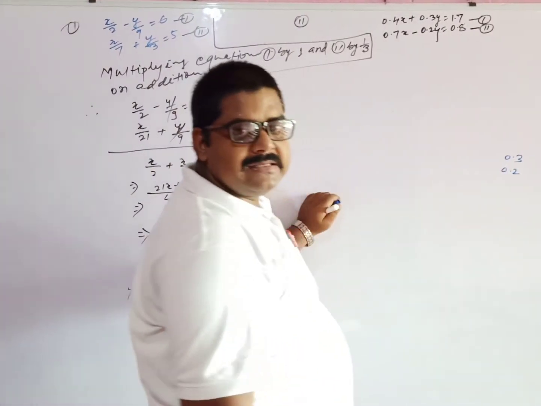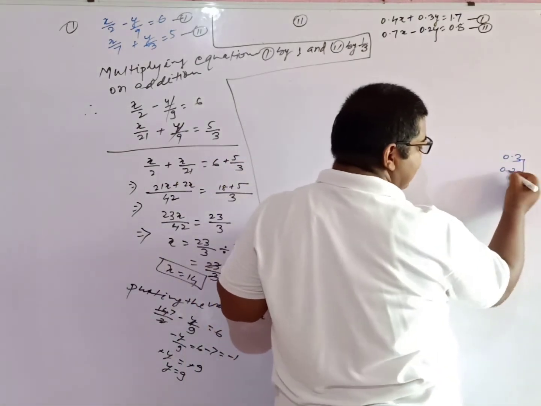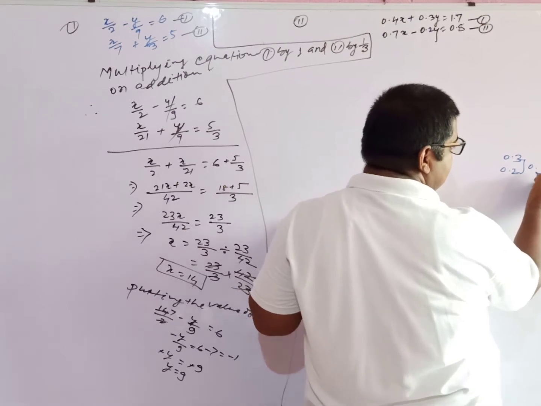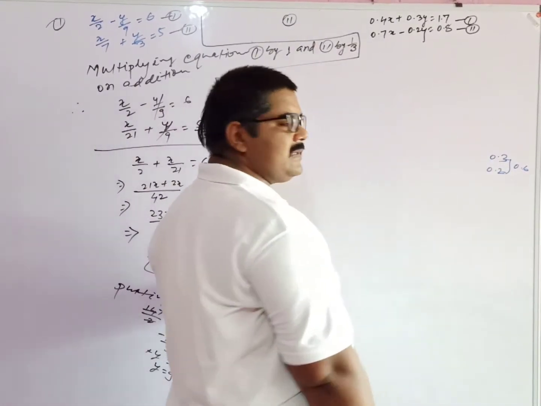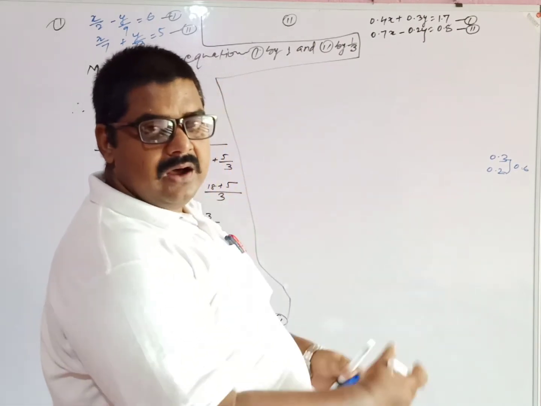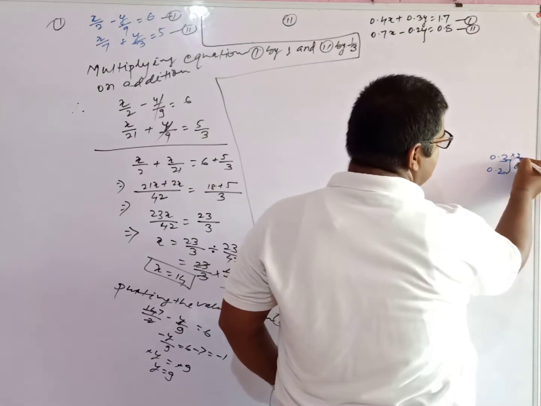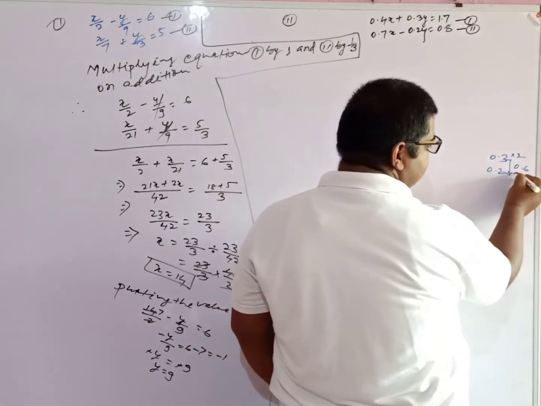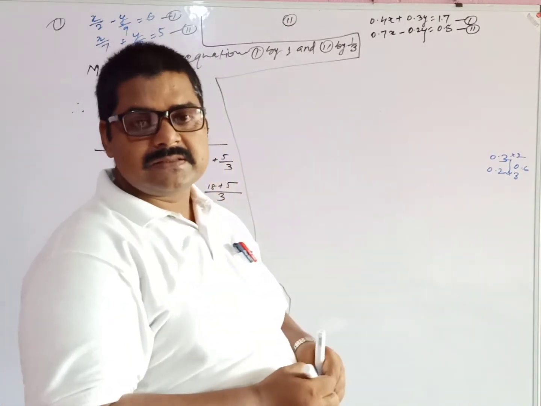What is the LCM of these two? It is 0.6. The first is multiplied by 2 to get 0.6, and the second should be multiplied by 3 to get 0.6.